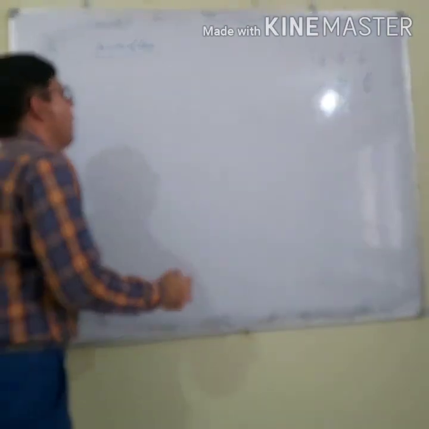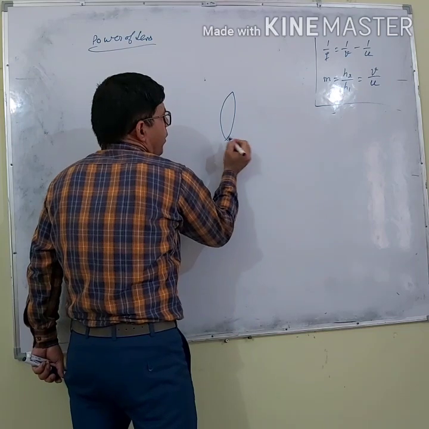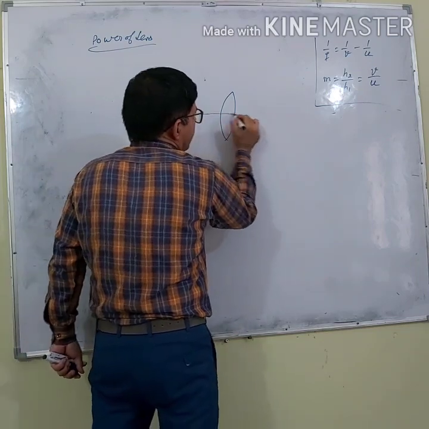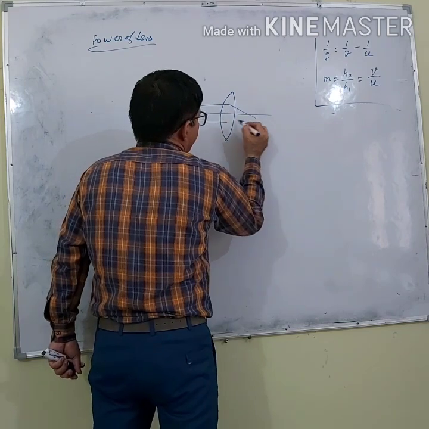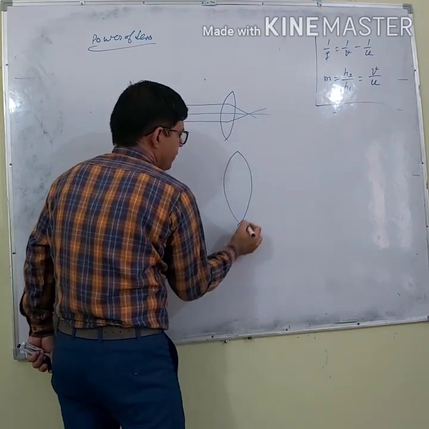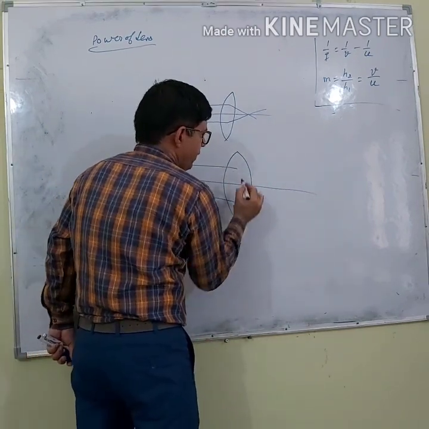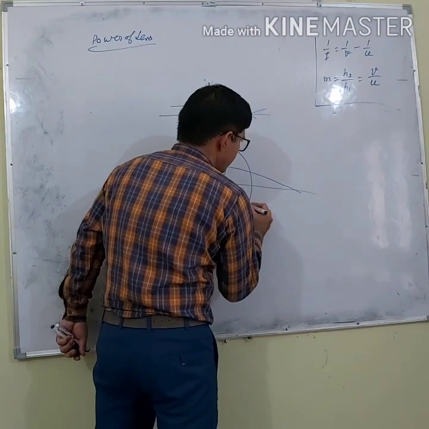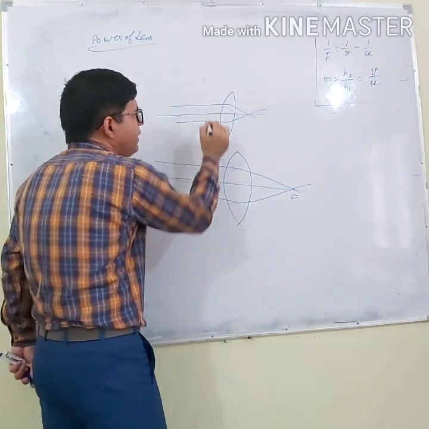Now, look at this lens. One lens is this. Parallel rays are coming and get focused. Another lens is this. Let us say parallel rays are coming and they also get focused. Is there any difference between these two?